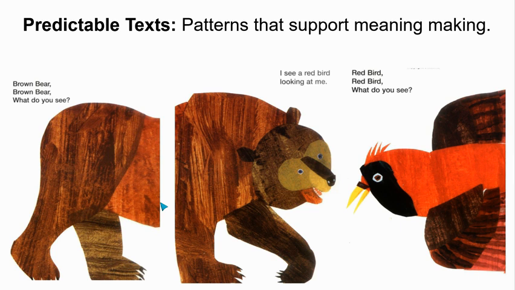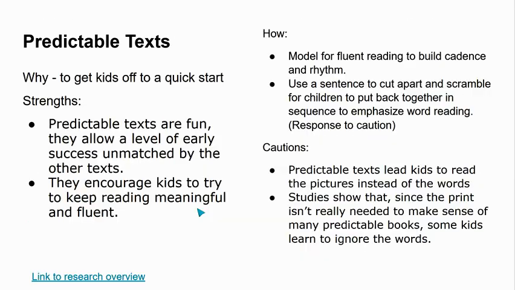Predictable text sometimes can look like it's put into the leveled genre text, but these are great books to sit and enjoy with your children. I would use them a lot in class as a shared reading, as a springboard for writing. This is an Eric Carle and Bill Martin piece of text, very popular.